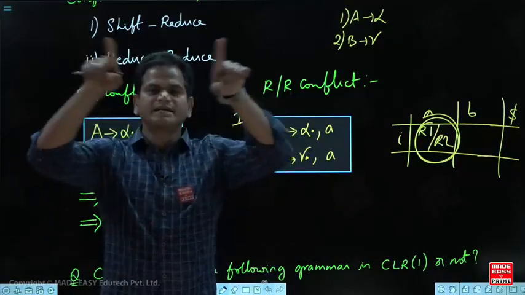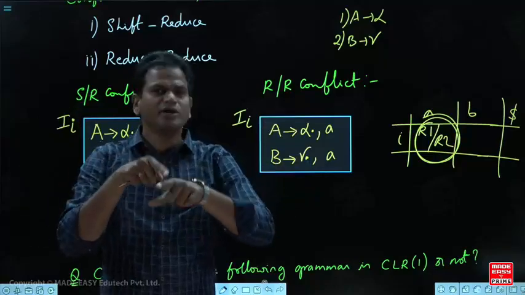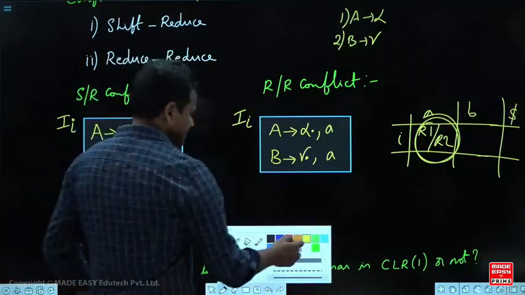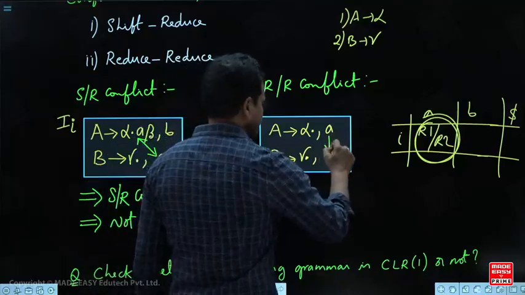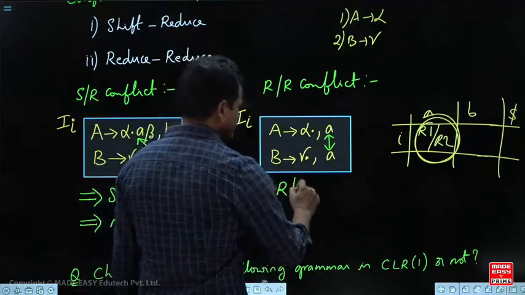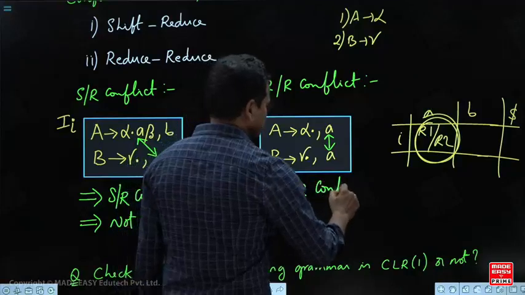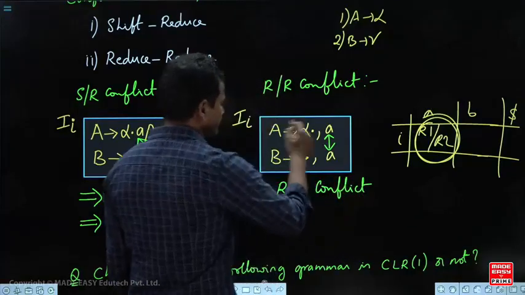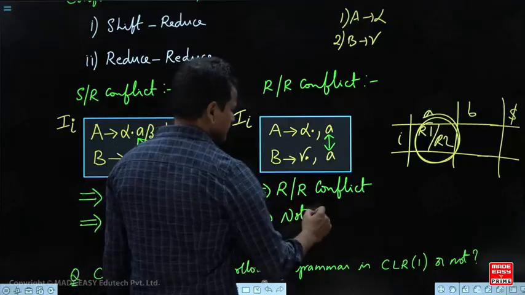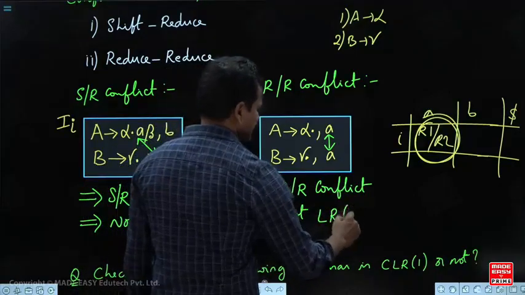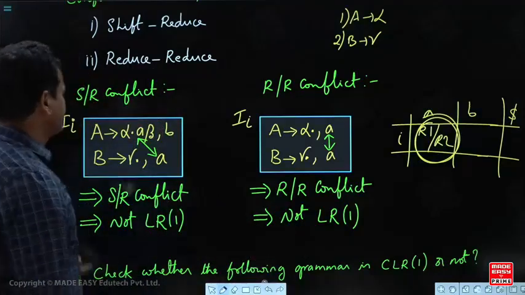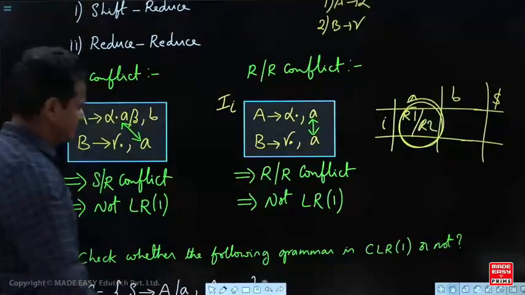Any state having two final items and their look aheads are matched, if they have the same look aheads, implies reduce reduce conflict. Whereas in the case of SLR(1), you have to check the follow of A, follow of B. If common is there, then only conflict, but not in the case of LR(1). Just look aheads are matched. Okay, copy this, guys.